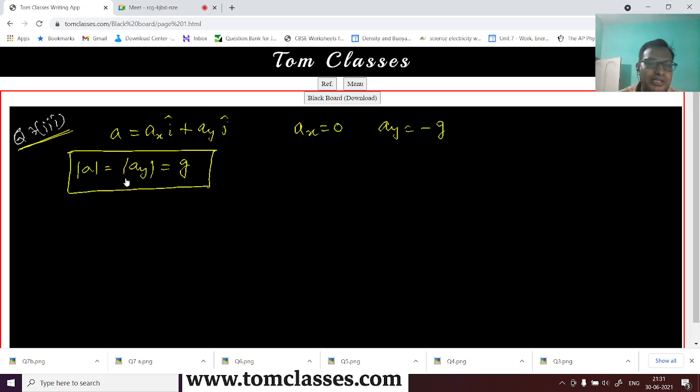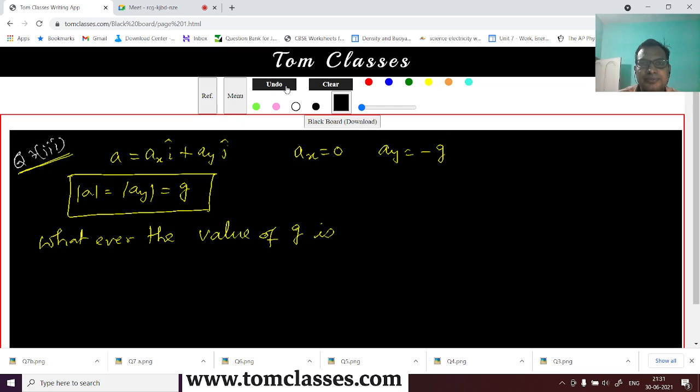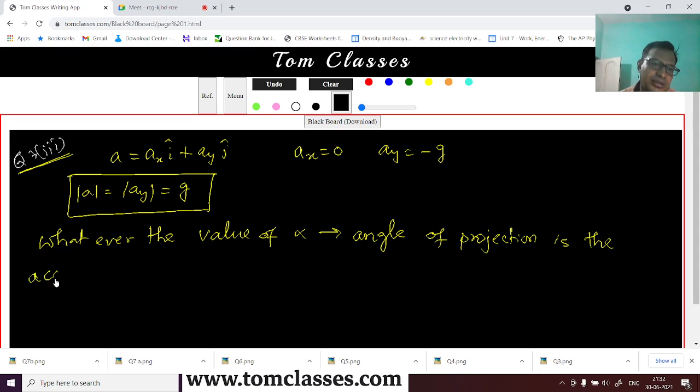So whatever the value of alpha, that is the angle of projection, the acceleration is constant.